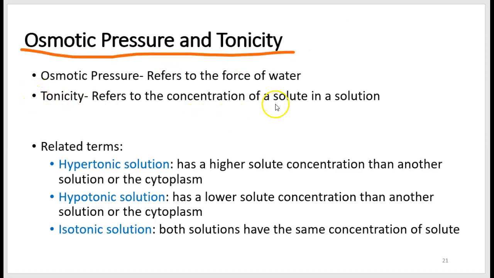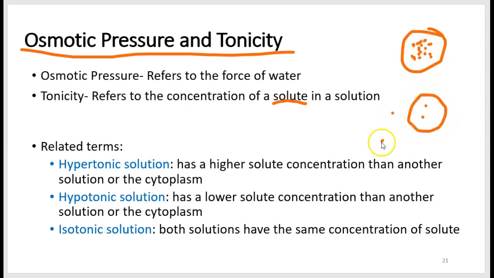Tonicity refers to the solute. Okay, so if you have a lot of solute inside of a cell, that's hypertonic. If you don't have very much solute inside the cell, but you have more on the outside, then the cell is hypotonic. So we want to talk about those terms, make sure you understand what they mean.